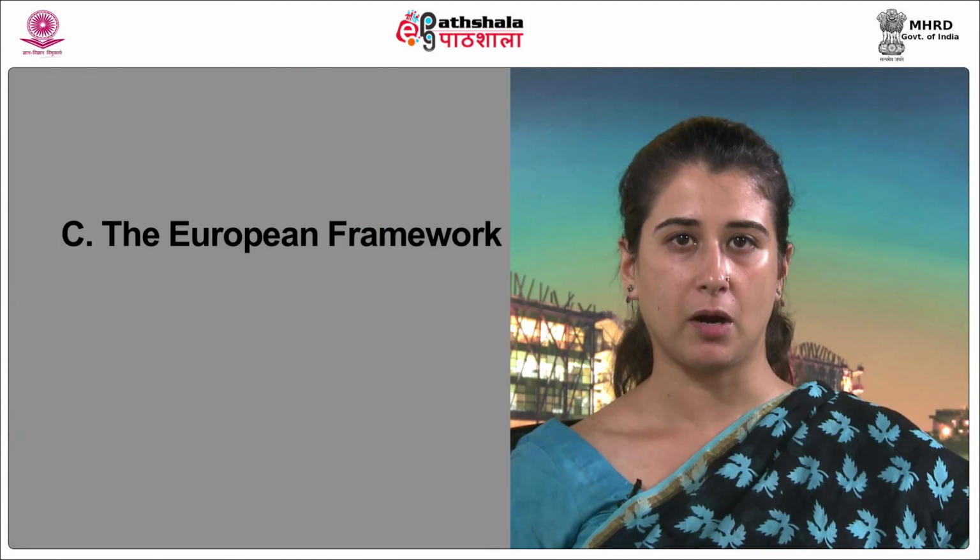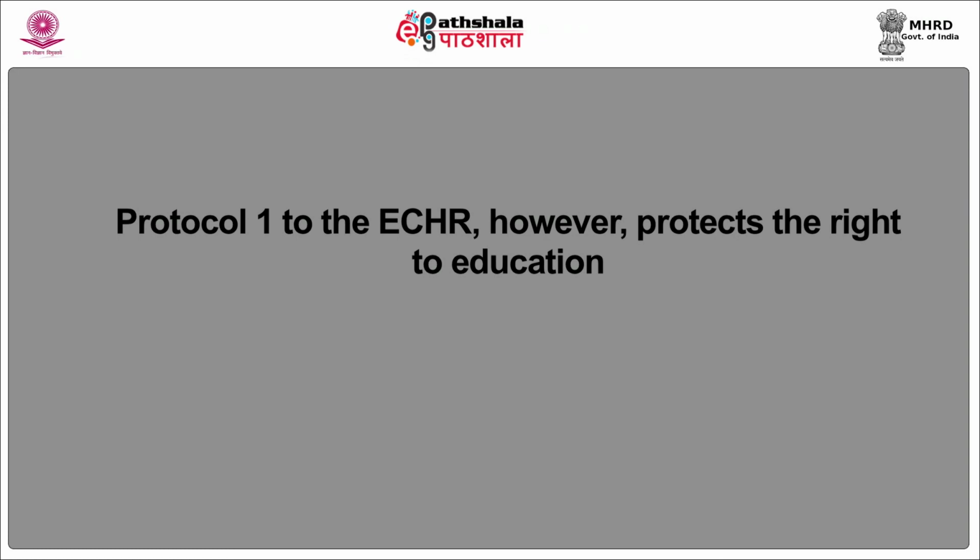The last framework to be discussed in this part is the European framework. The 1950 European Convention on Human Rights, ECHR, is the primary regional human rights treaty in Europe. Yet, it only protects civil and political rights. Protocol 1 to the ECHR, however, protects the right to education.